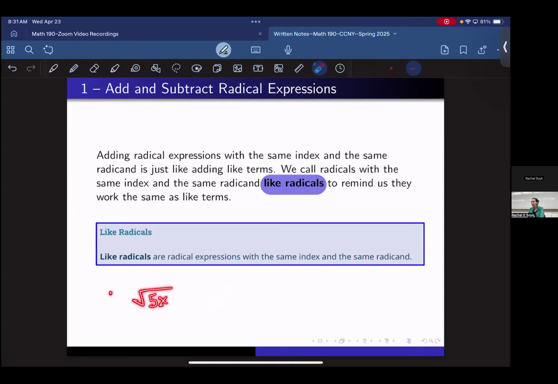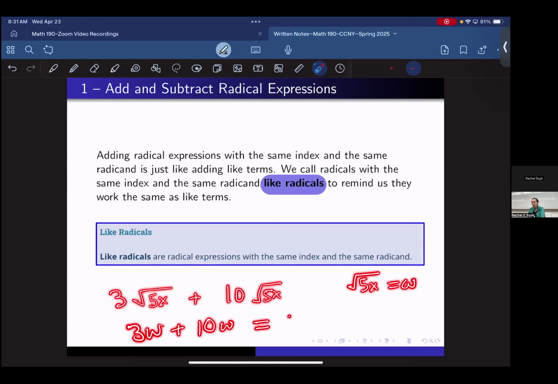So let's say you were adding, for example, 3 square root of 5x plus 10 square root of 5x. Off to the side, just say, okay, well, the square root of 5x is w. So we're really looking at just 3w plus 10w, and we know what that is. What's 3w plus 10w? Yeah, it's 13w.